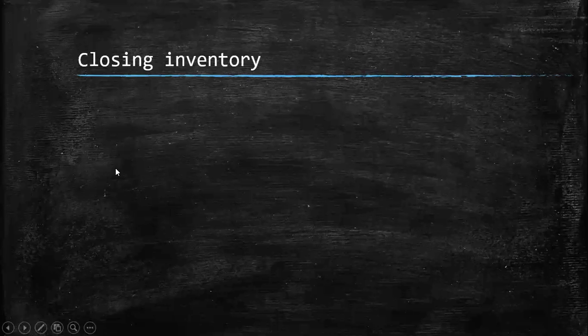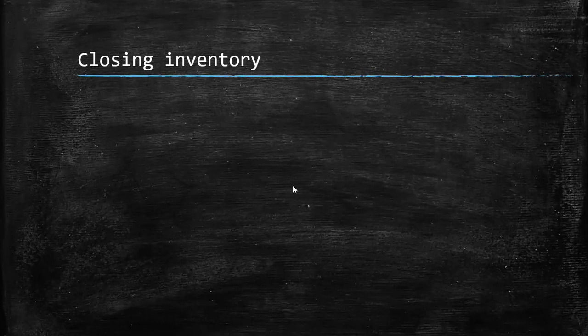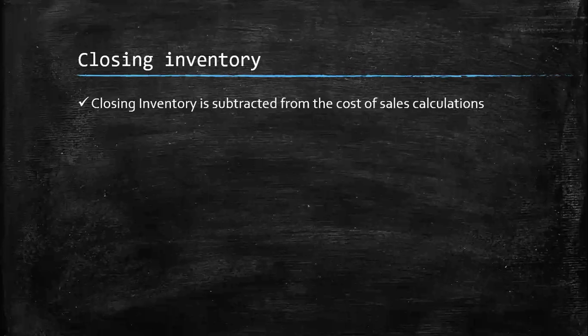When it comes to the closing inventory, closing inventory is subtracted from the calculations of cost of sales, as you have seen in the previous example. Closing inventory is always subtracted.